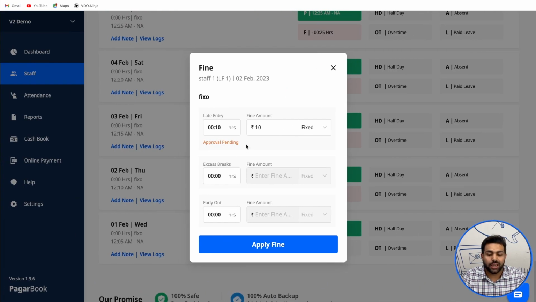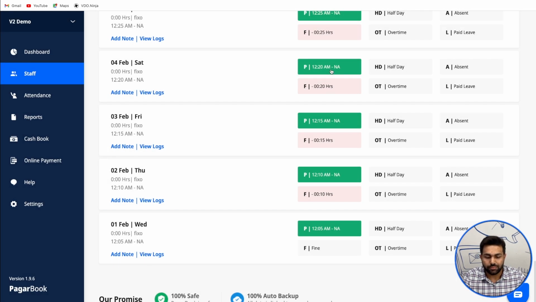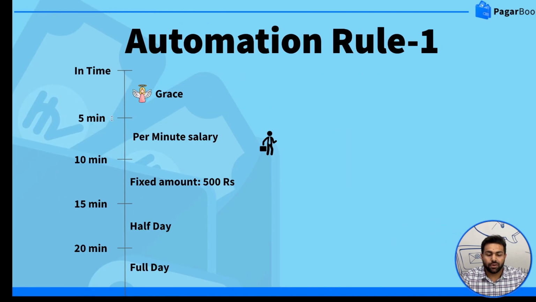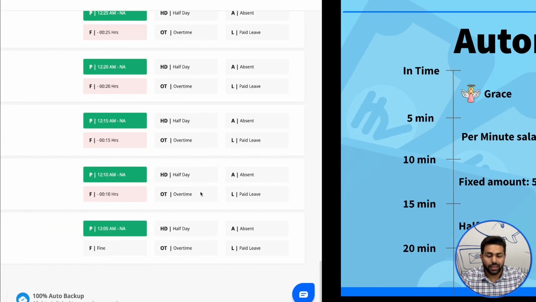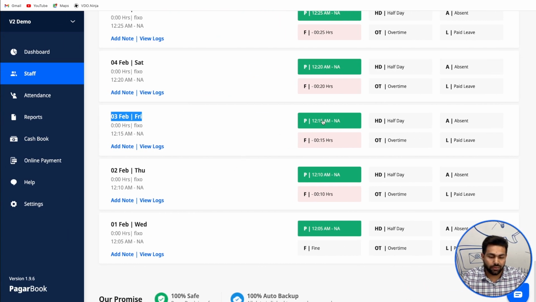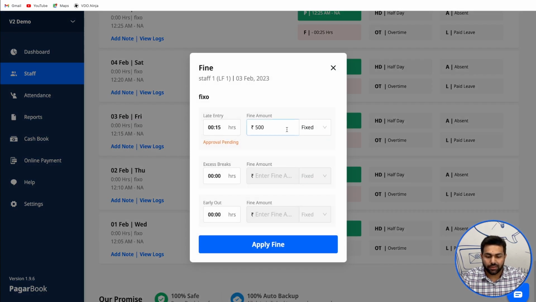Accordingly I have defined a salary which says that based on minutes, 10 rupees will be deducted from his salary. So this is based on the salary. Now on 3rd Feb staff was late for 15 minutes. So in this case 500 rupees will be deducted. On 3rd Feb we will check that 500 fixed amount is deducted.